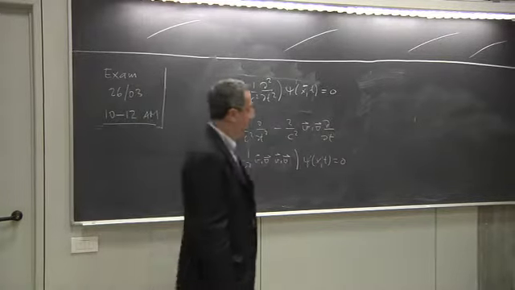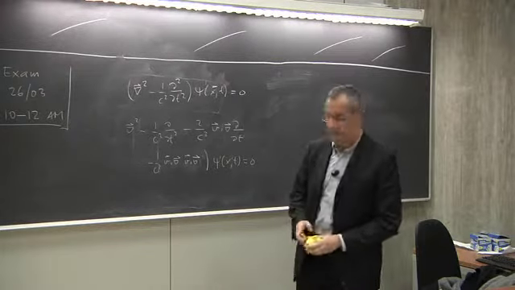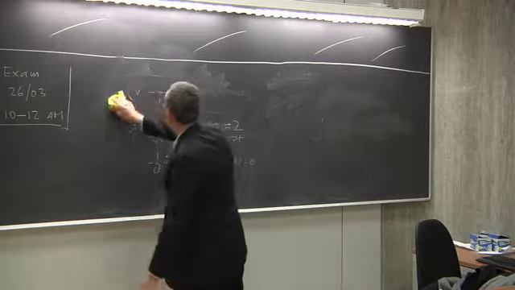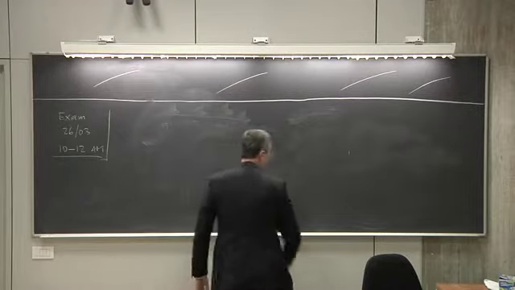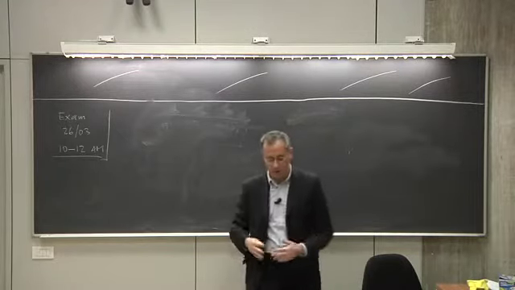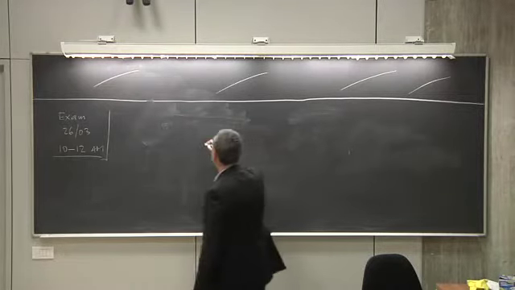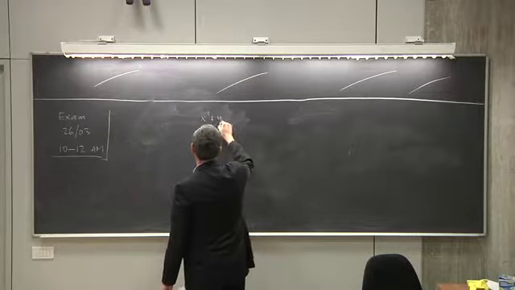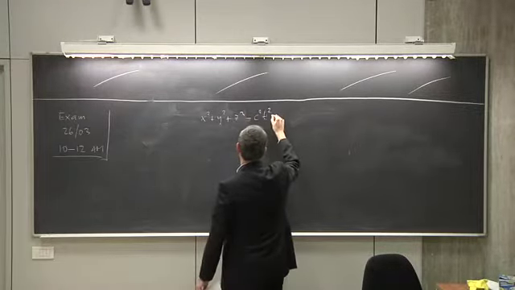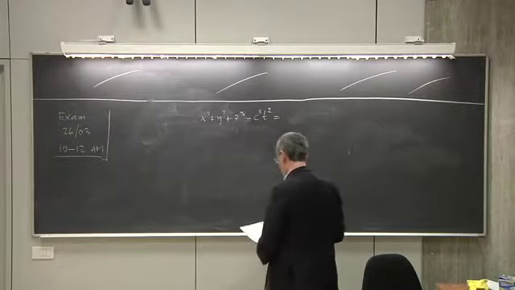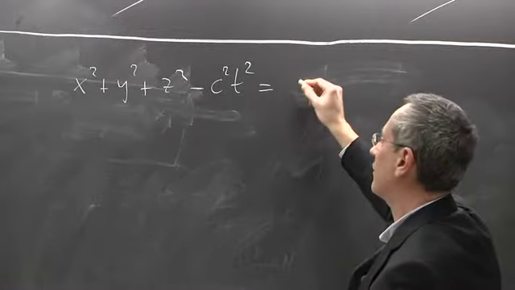Probably you already know the answer, but it's easy to derive the properties, because for this equation to be invariant, that means that the wave, say a spherical wave front, satisfies the fact that x squared plus y squared plus z squared minus c squared t squared is the same in all frames of reference, so it's constant.